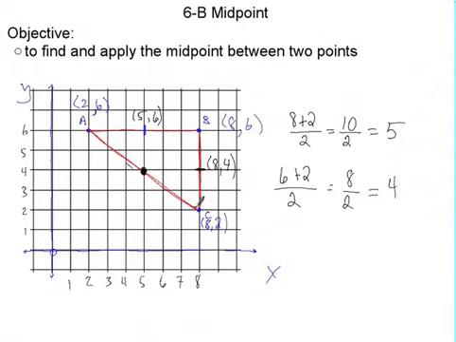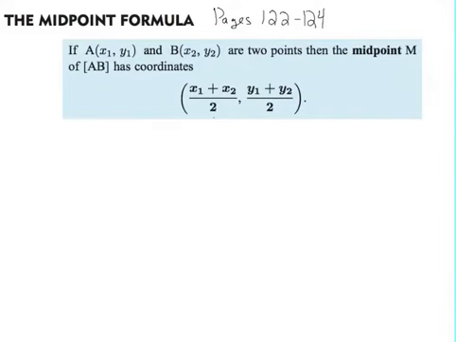If we put all of this together, we have a rule to figure out how to find midpoints of any line, whether it's horizontal, or vertical, or diagonal. That rule is called the midpoint formula.